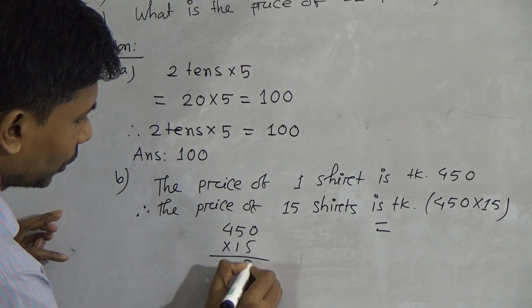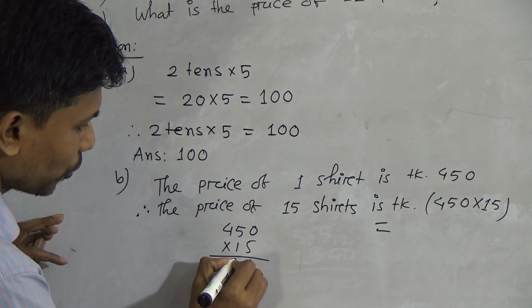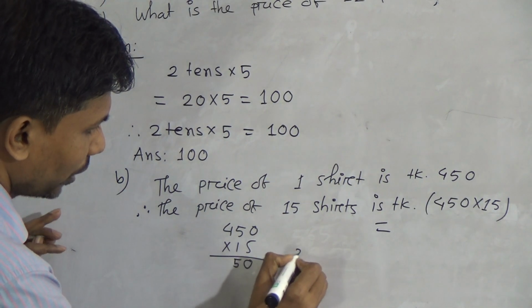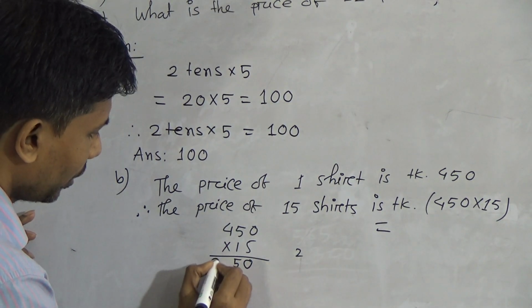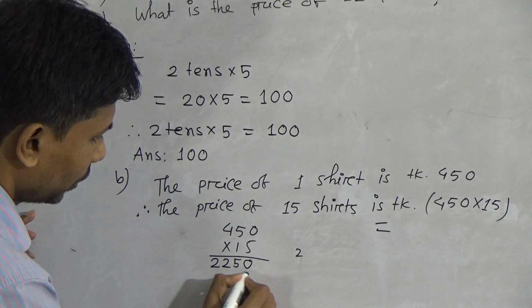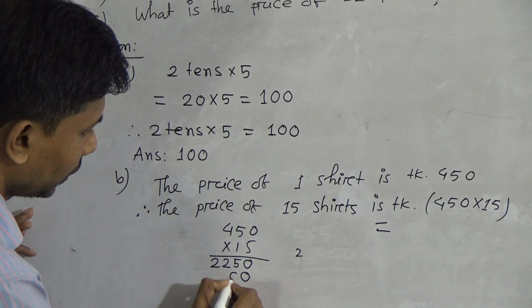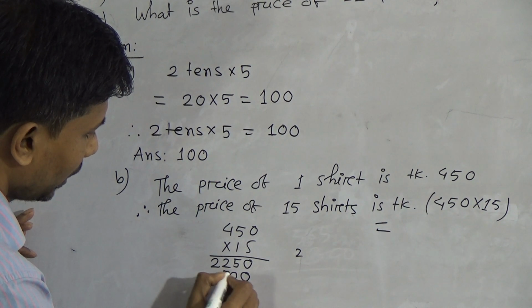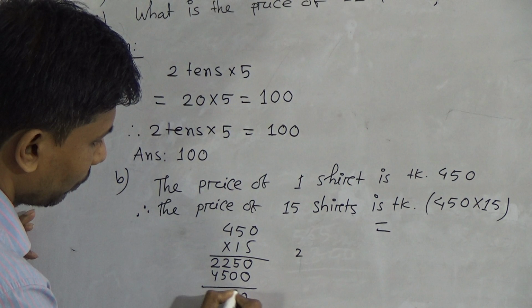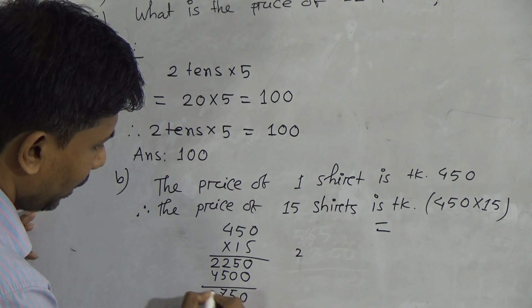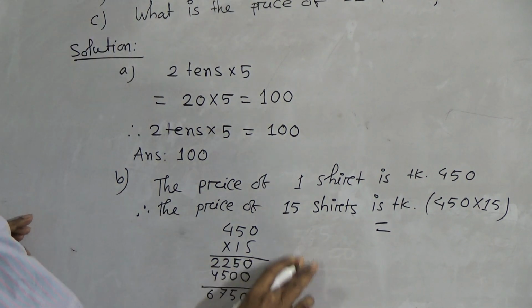5 0s are 0, 5 5s are 25. So put here 5 and you have 2 in your hand. 5 4s are 20 plus 2, 22. Now 0, 0 1s are 0, 5 1s are 5, 4 1s are 4. Now adding 0, 5, 7, 6. Okay student?